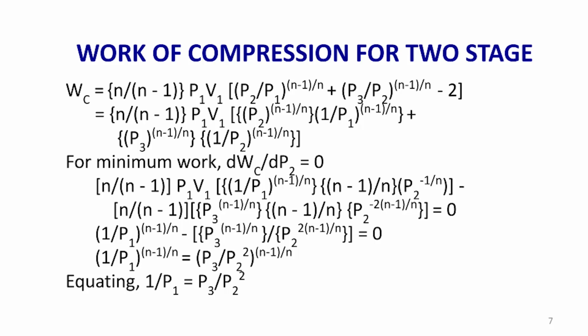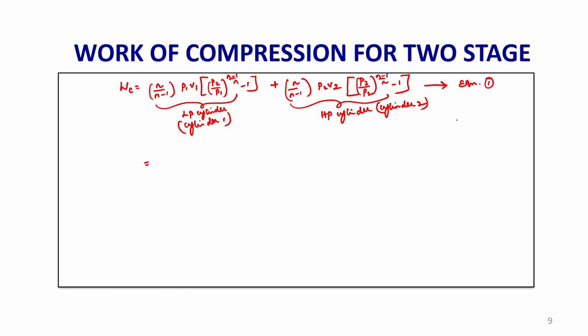Just to explain this concept, suppose you have a PV diagram like this. Let me explain this one without clearance. Let me use the same numbering which I used for the previous one.